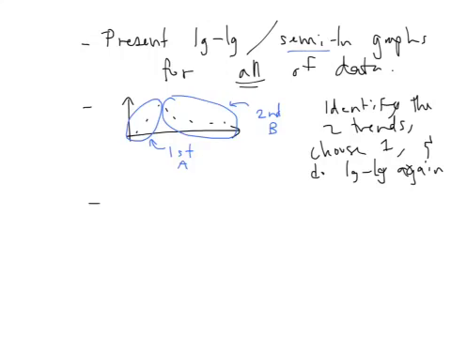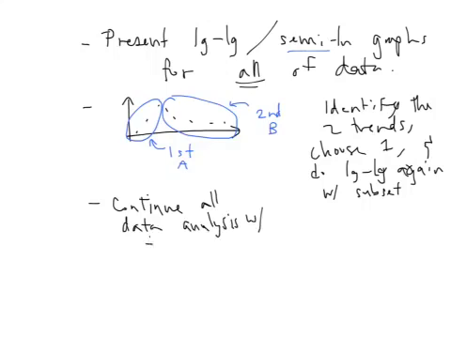So then you do that with the subset that you chose, and then you continue all data analysis with the subset. Once you've done that, in the evaluation and conclusions, I guess it's conclusions that come first, right? And then you evaluate the procedure.